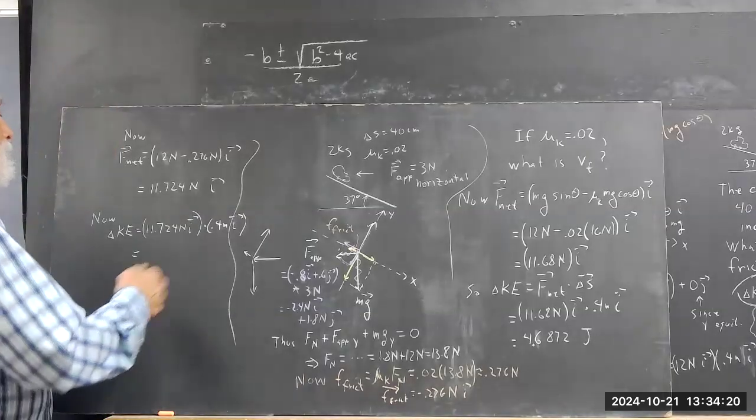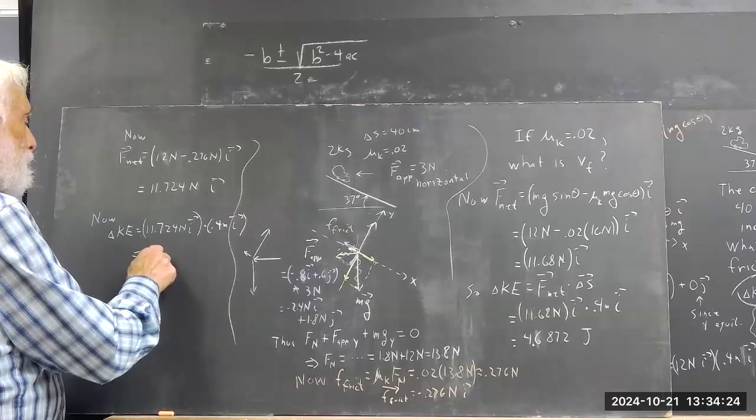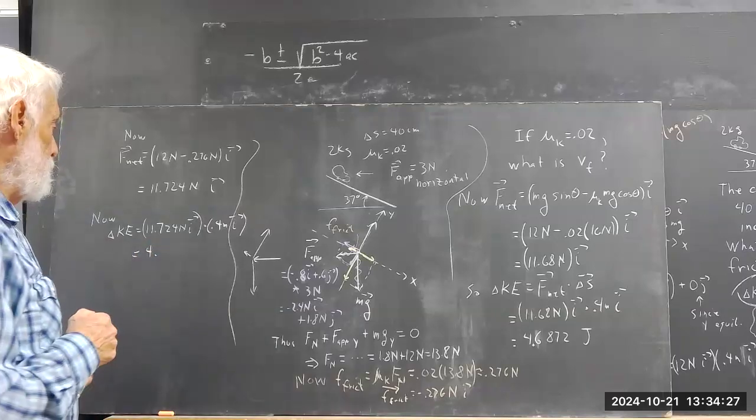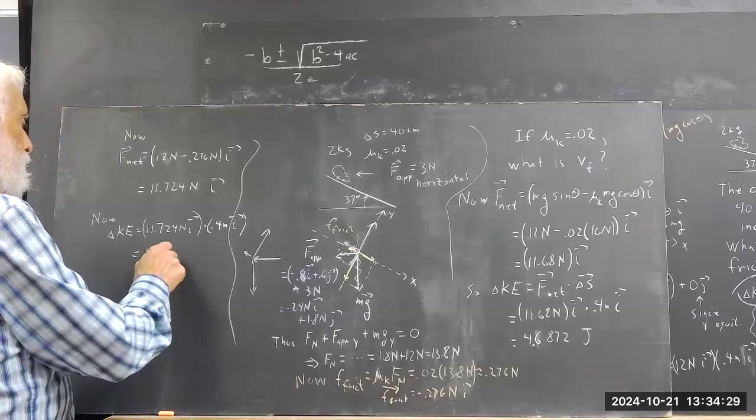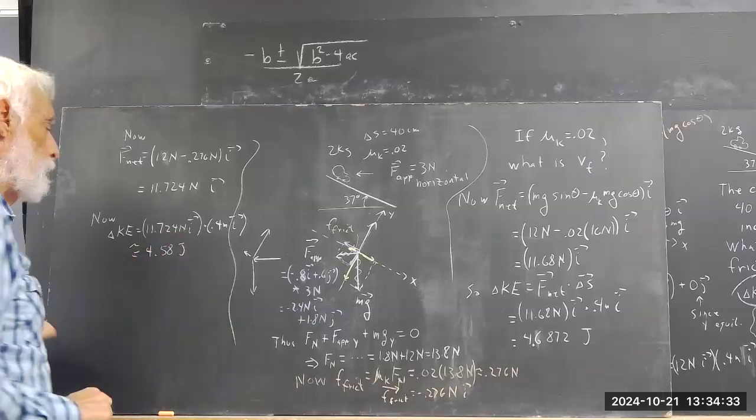Okay. So this is going to be what? Let's get the decimal in the right place. That's going to be 4.58 joules approximately.